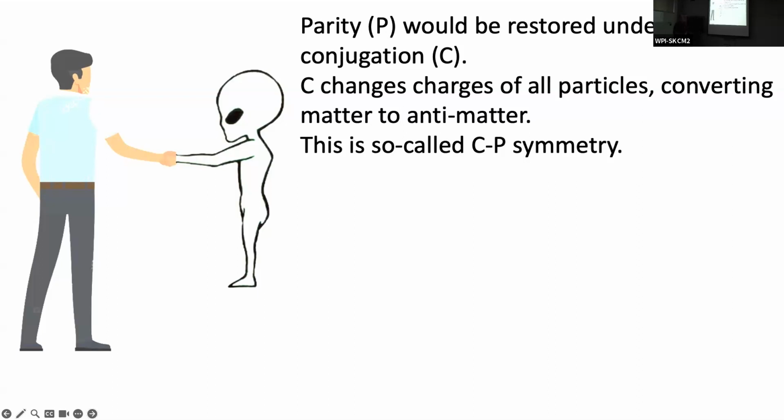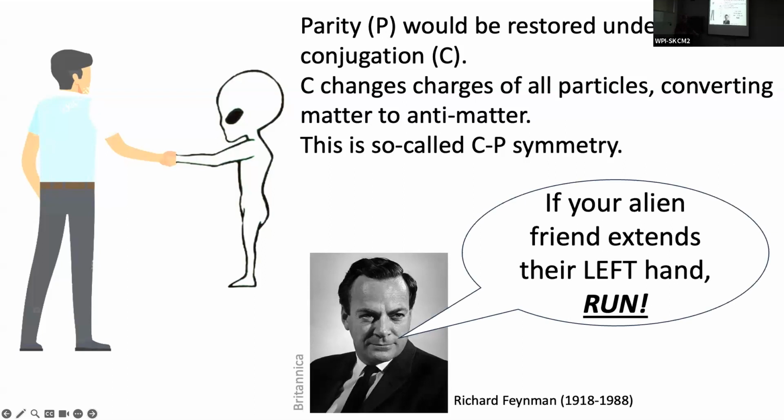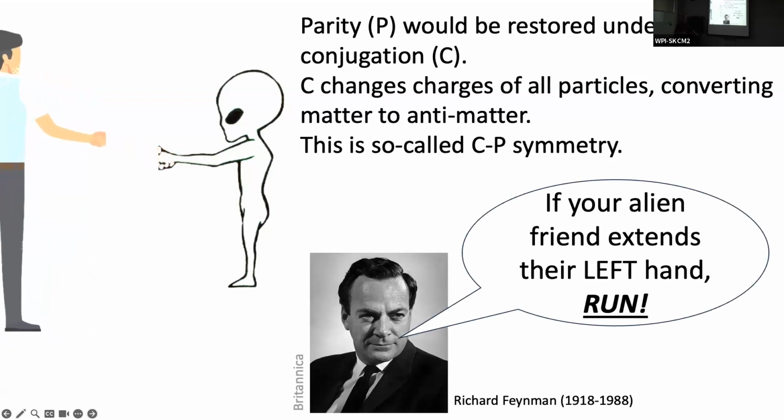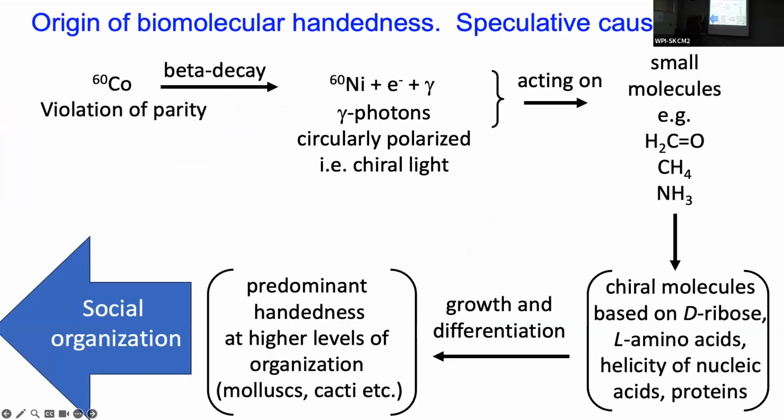And if the alien should extend their left hand, Feynman says, run away, because that means what? The alien had to be made of antimatter, and that should you shake hands, you would spontaneously combust. But we don't know where all that antimatter is, but Feynman gives this caution.